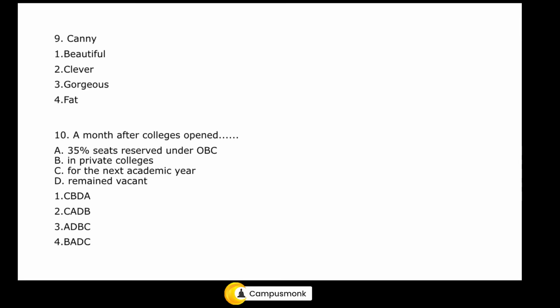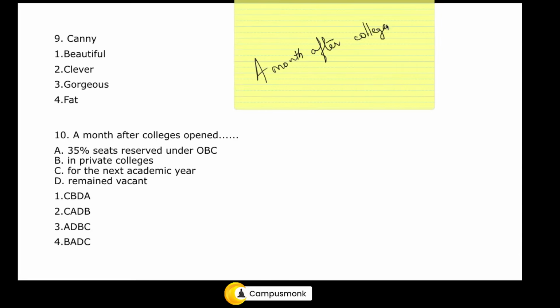Alright, so if I see the question, it says a month after colleges open. Okay, then it's dot dot dot. Now when someone says to me that a month after college is opened, I would ask, why did it open? It was better closed, then why did it open?